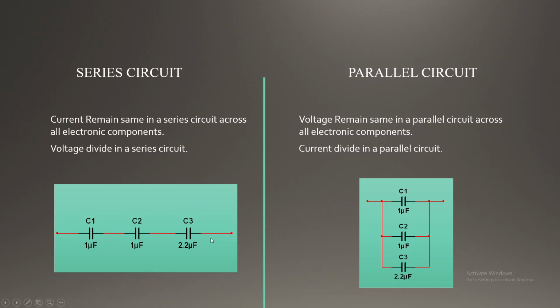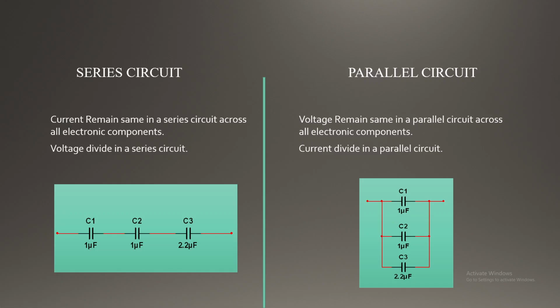So current remains the same across all the components, but voltage divides across C1, C2 and C3. Similarly, as we talk about here, the voltage remains the same across C1, C2 and C3, but current divides. A good example to remember this is our houses, where we get a voltage of 220 to 230 volts.